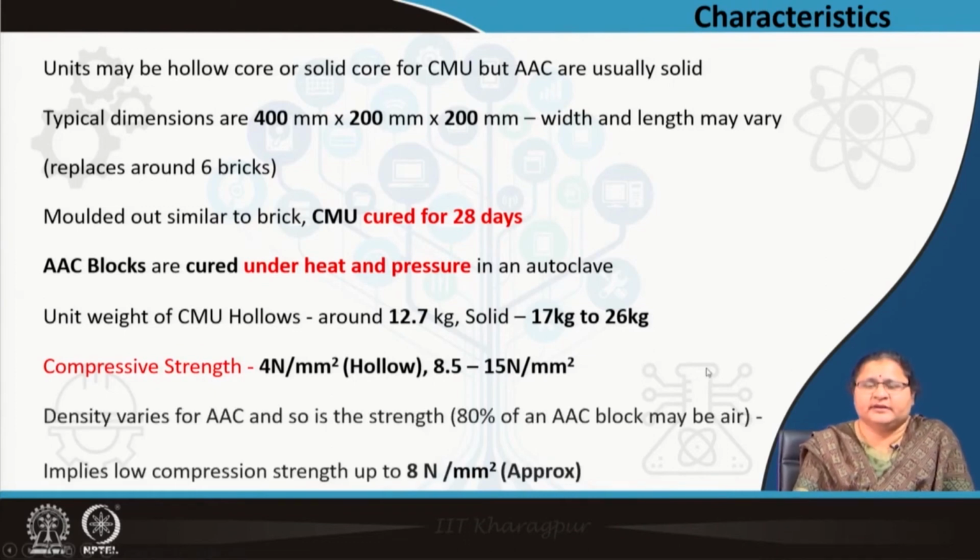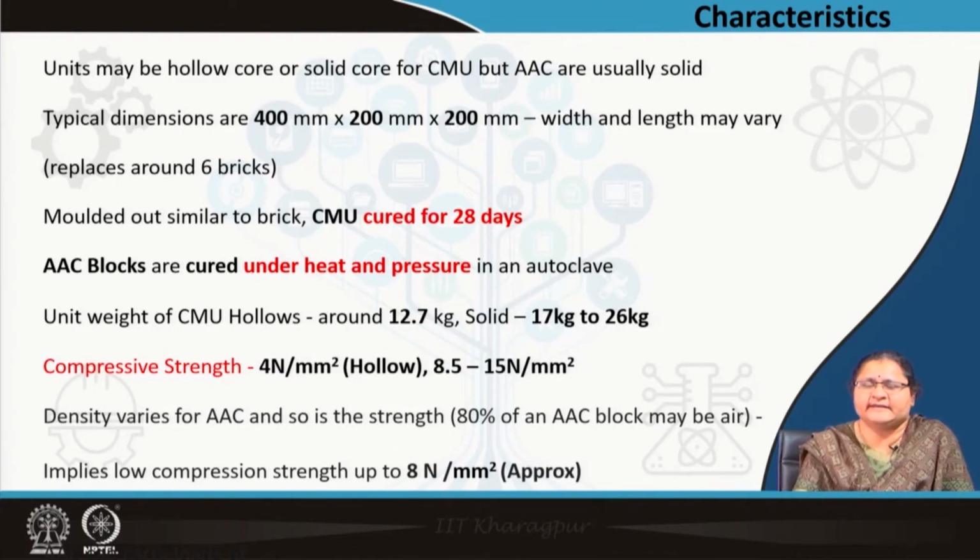Coming to the AAC block, 80% of it can be air. So, these are much lighter in weight compared to the CMU blocks, and it also has a relatively low compressive strength, up to a maximum of 8 Newton per millimeter square.